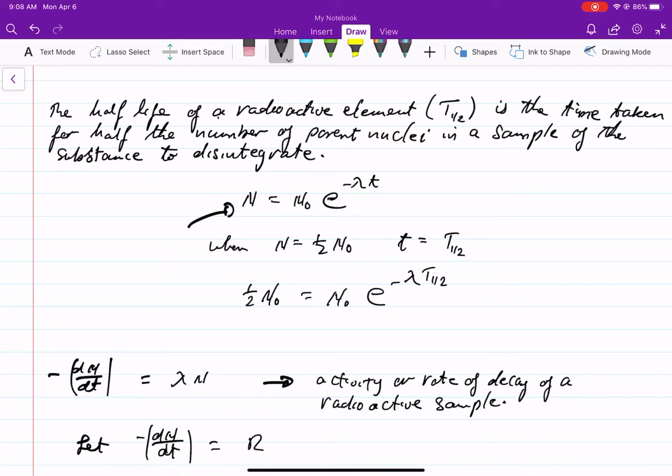When 1 half-life has expired, the number of radioactive nuclei present is a half of the original. From this, the n0s will cancel out. That cancels out with that. What's left? A half is equal to e to the minus lambda t half.